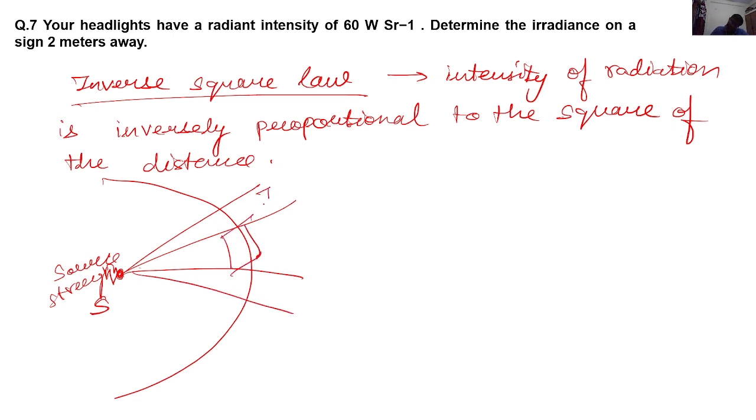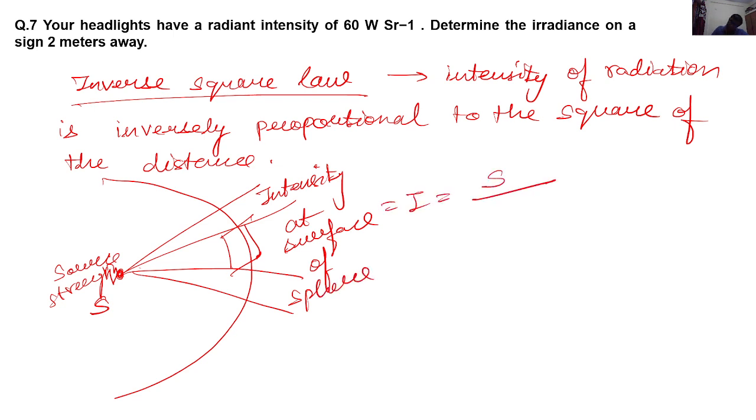Okay, so intensity at the surface of this hypothetical sphere is equal to I is source strength by 4 pi r square.